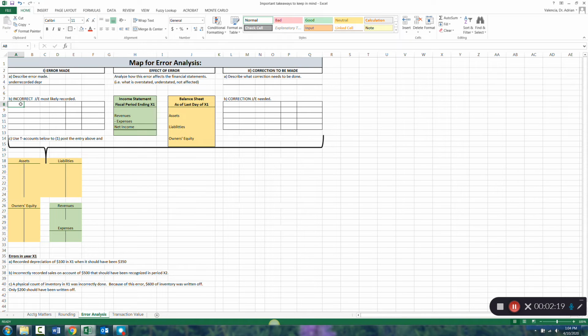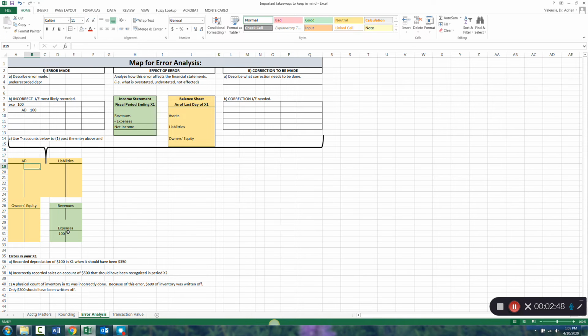So here's what we did. We did depreciation expense for $100, and then accumulated depreciation for $100. Okay, now we know that it should have been $350. So I'm going to go ahead and do a T account here. Here's the expense for $100. And then in the assets area, we should have something called accumulated depreciation.